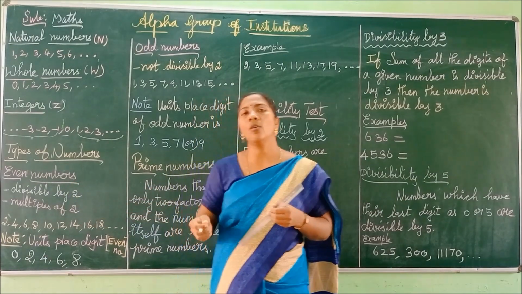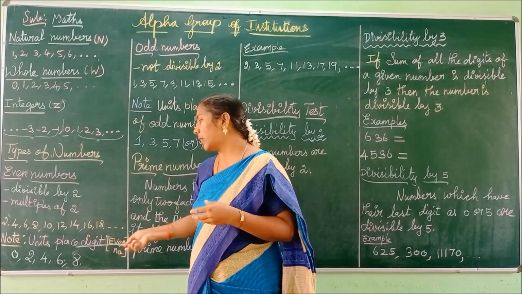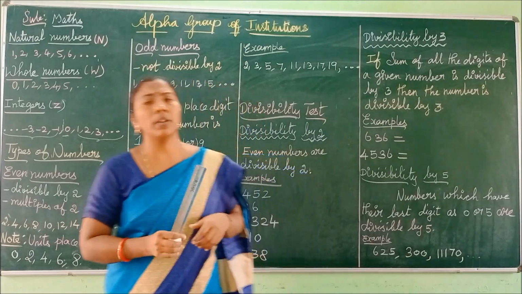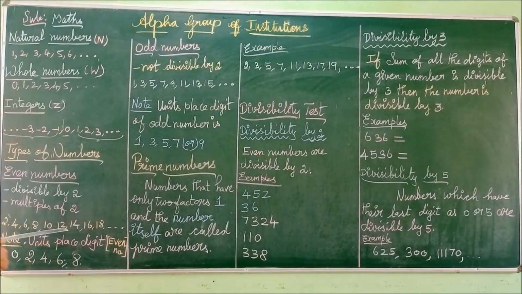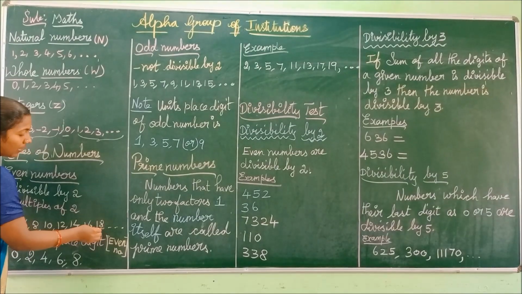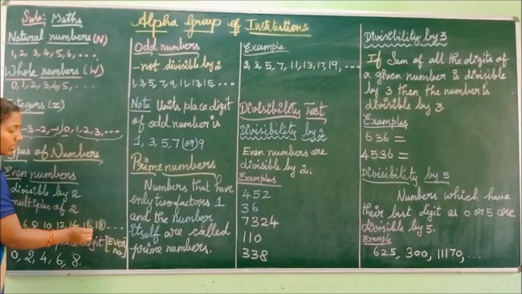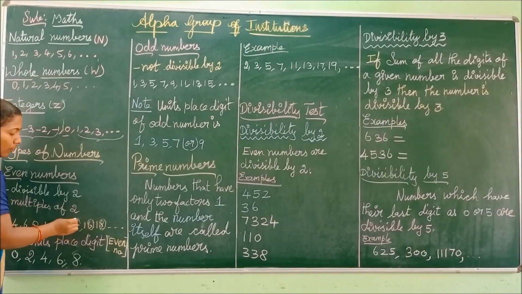One more thing we have to note about the even numbers is the units place digit. What is the units place digit of even numbers? See here. Observe the 2-digit number 18. What is the number in the unit place? 8. Here 16. What is the number in the unit place? 6. For 14, 4. For 12, 2. For 10, 0.